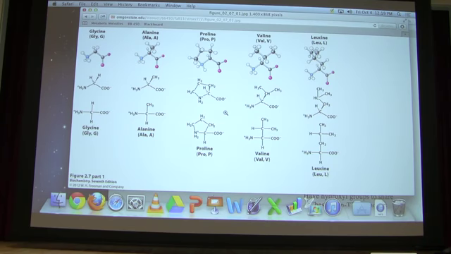So if you look at a different book, you may see, oh, well, they don't put glycine in this group. They put glycine in a different group. Don't worry about that. What are you responsible for knowing of what I'm showing you here? Well, you're responsible for knowing the group that any amino acid belongs to.